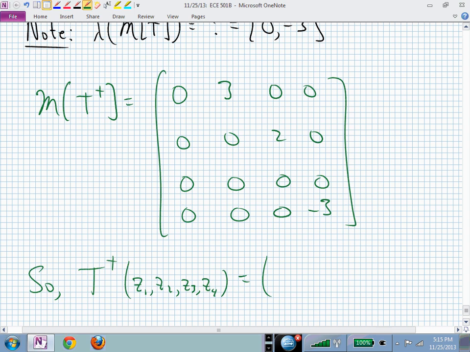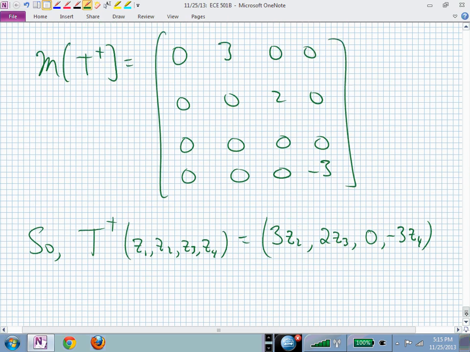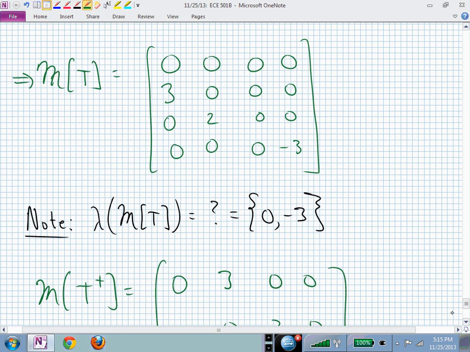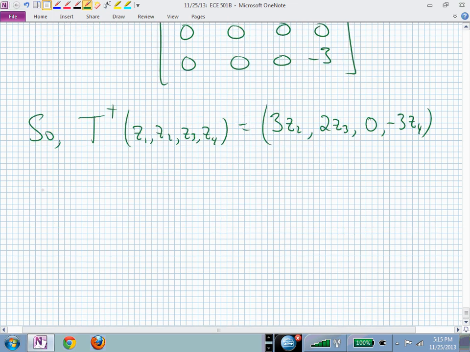So the first entry is going to take 3 times the second coordinate, isn't it? The second entry is 2 times Z3. The third coordinate and the fourth coordinate.